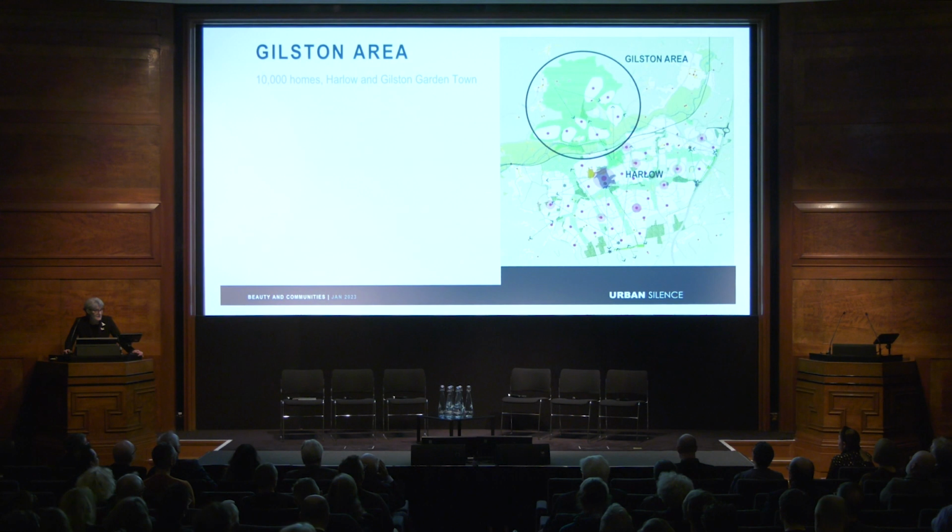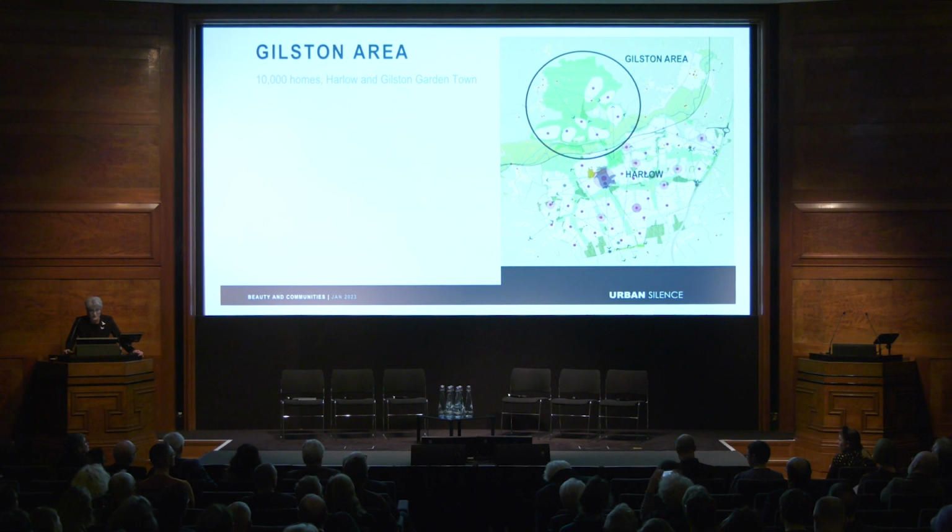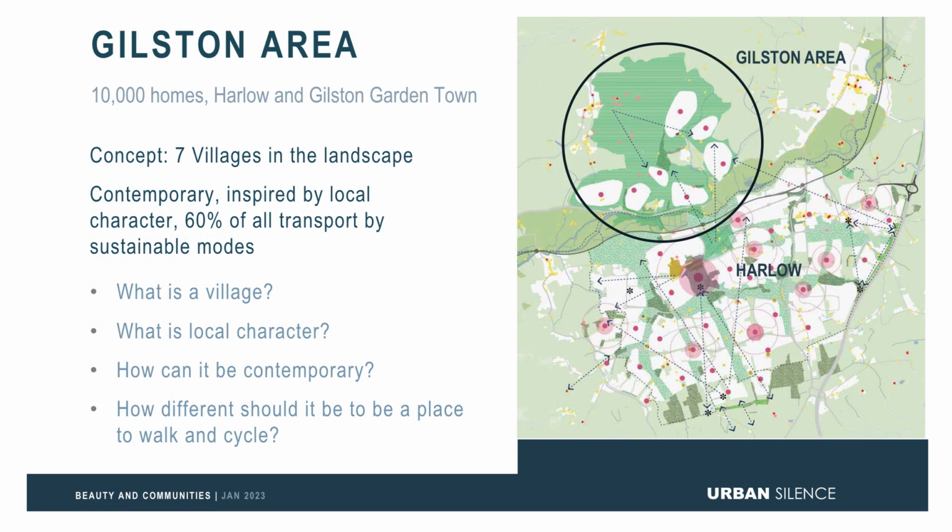The diagram was done by Allies and Morrison for the garden town as part of a fairly engaged community participation in establishing the vision for the area. The concept for the development is 7 villages in the landscape, as you can see fairly clearly from the diagram.